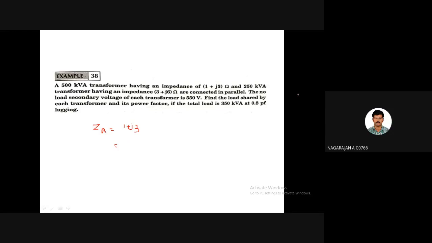Yes, correct. The magnitude is 3.16 and the angle is 71.56. Very good.